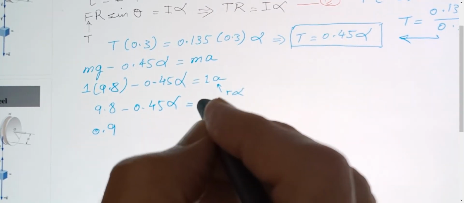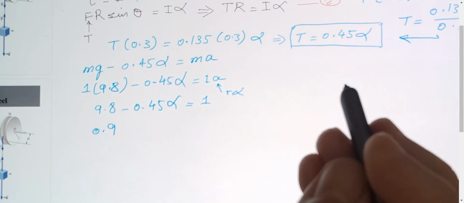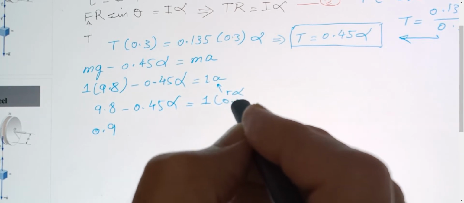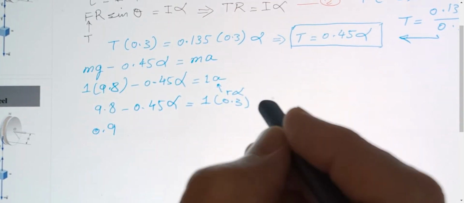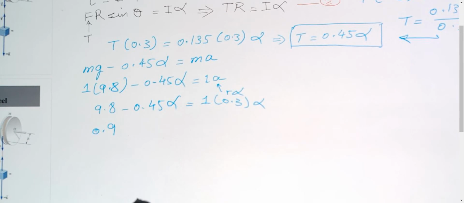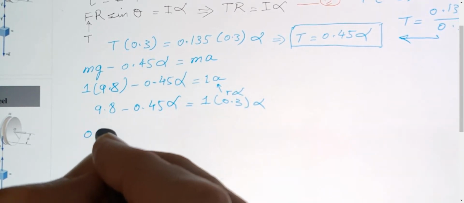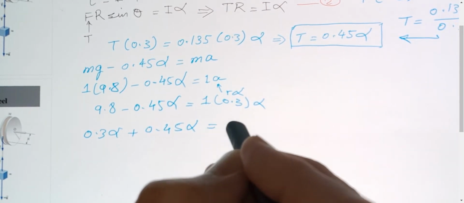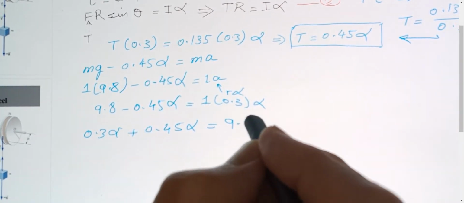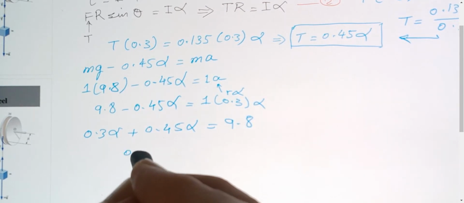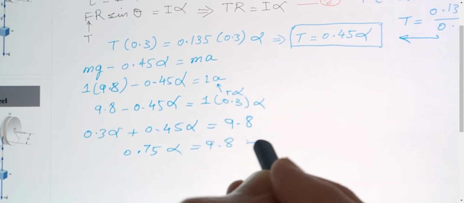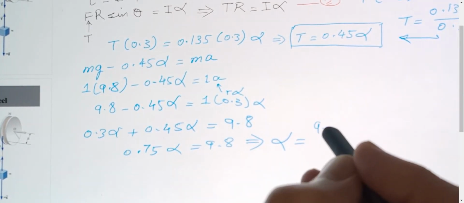So it is 1 kilogram and R is 0.3, and then I have alpha. So it is 0.3 alpha زائد 0.45 alpha is equal 9.8. يعني 0.75 alpha is equal 9.8. يعني alpha is equal 9.8 over 0.75.